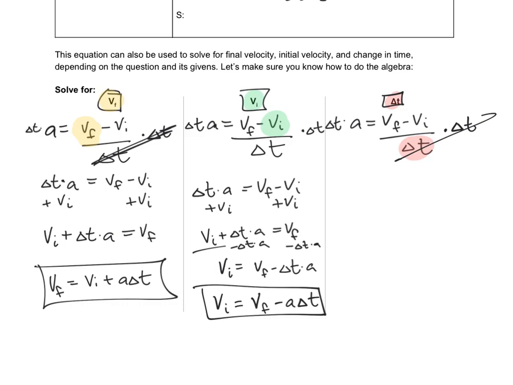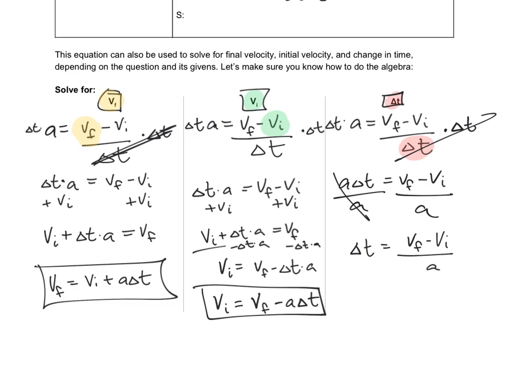So those cross out and you get A delta t equals VF minus VI. To solve that for delta t, you've got to divide by A on each side. And you get delta t equals VF minus VI over A. Oh, sorry, that was a bad box. Need to redraw it. There we go.